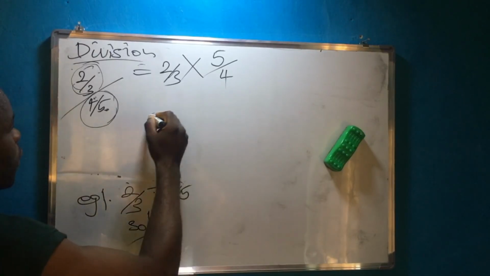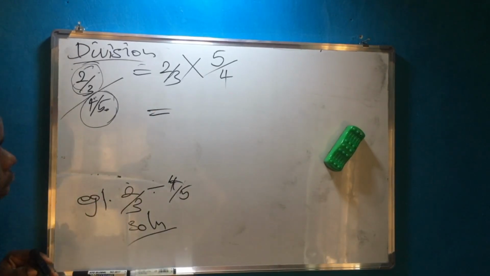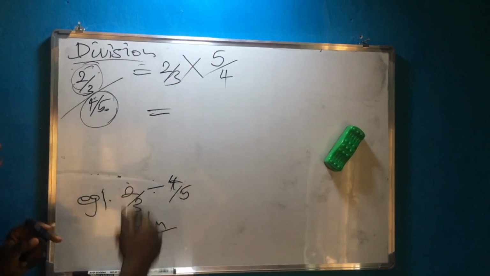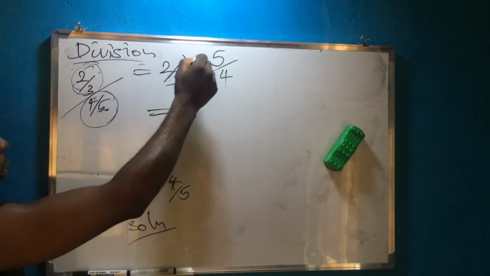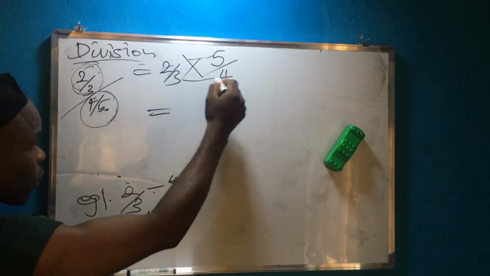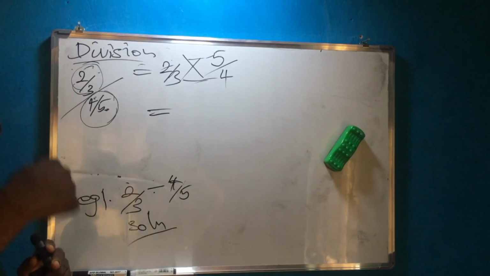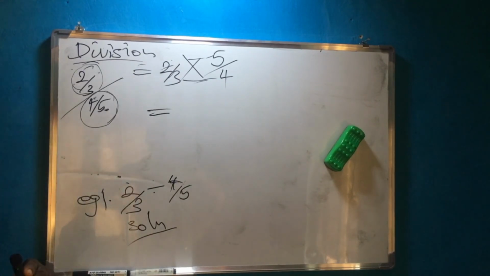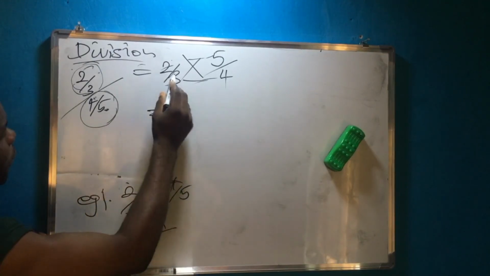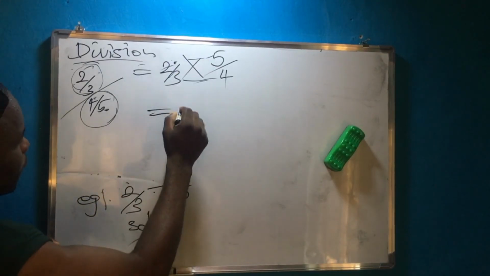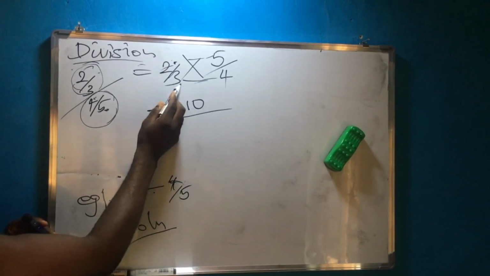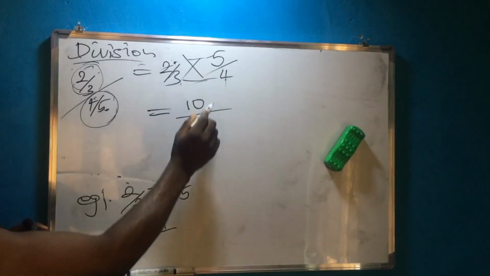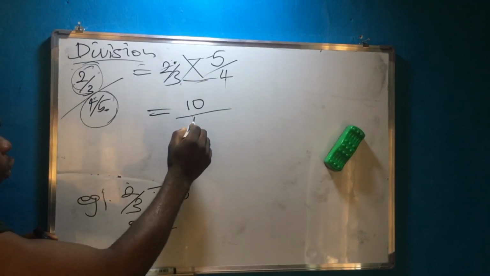This will give you, because it has become multiplication, numerator multiplies numerator and denominator multiplies denominator, which we said when we were doing multiplication of fractions. So now we have 2 times 5, which will give you 10, all over 3 times 4, which will give you 12.